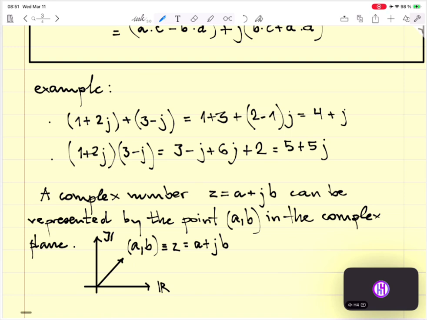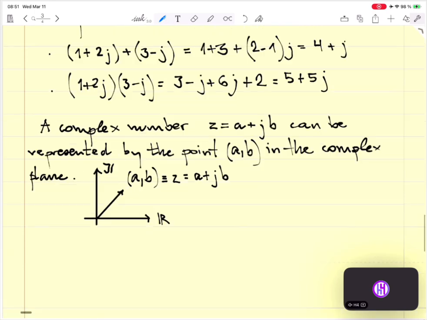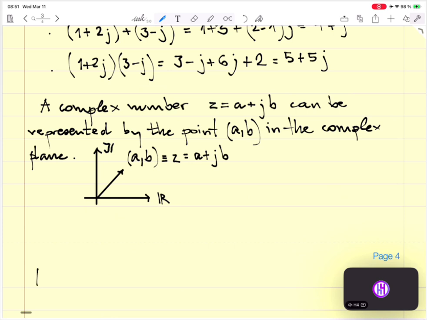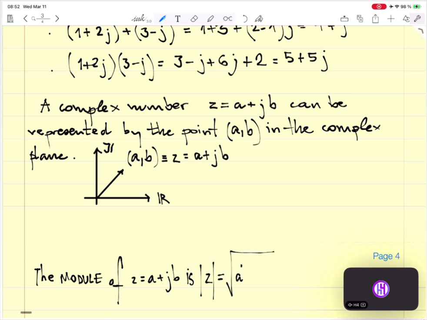So the module of z is written like this, equals root square of a square plus b square. This is Pythagoras.